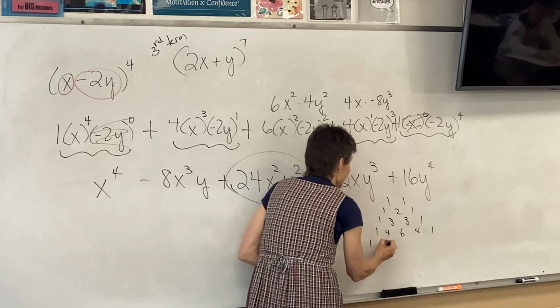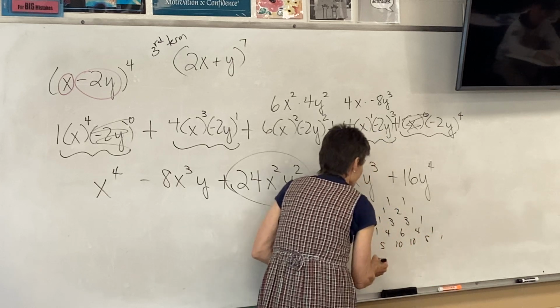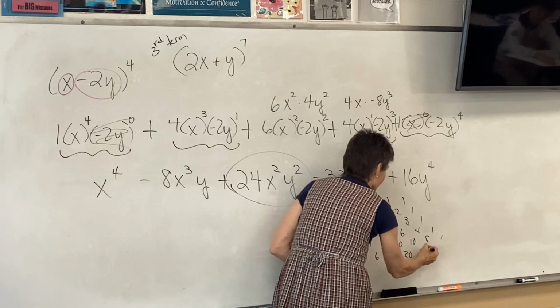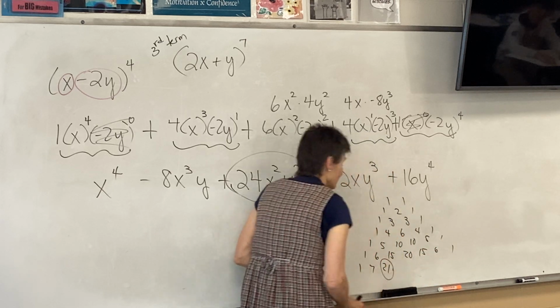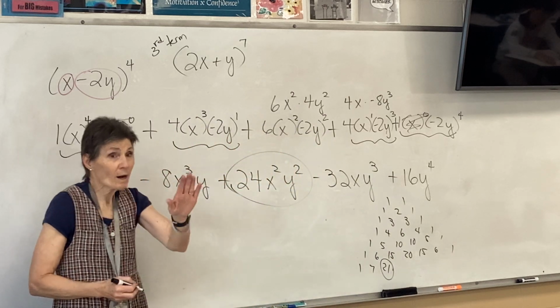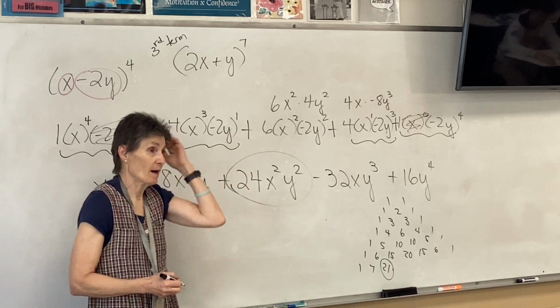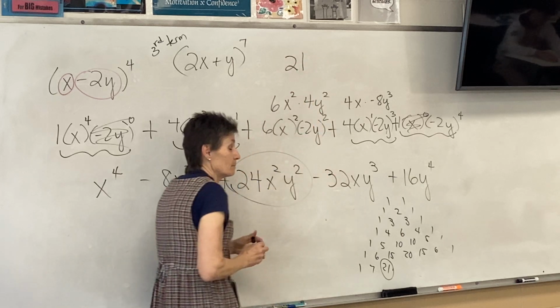So then here's the 5th row. Here's the 6th row. And here's the 7th row. And I want the third number, so it would be 21. So that is one option that you always have. So the number I'm going to use is 21.